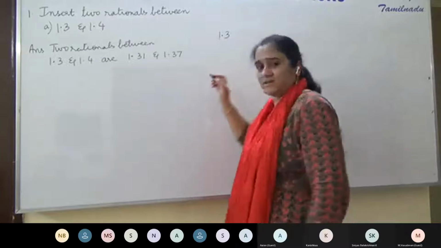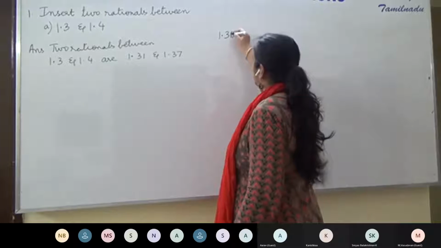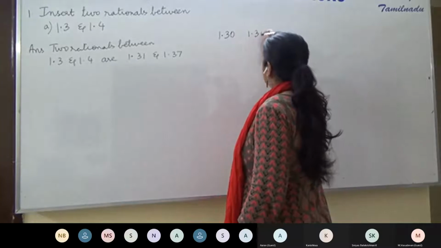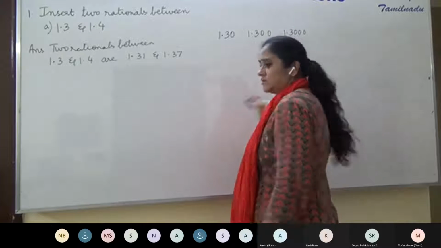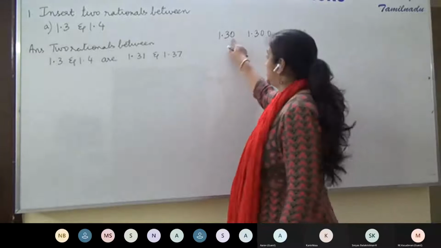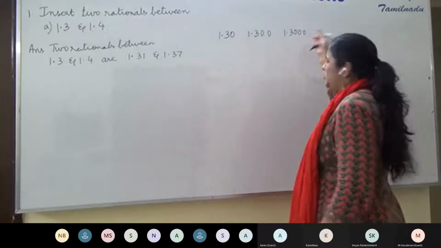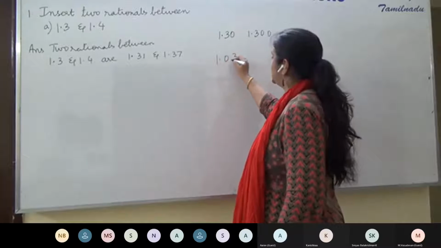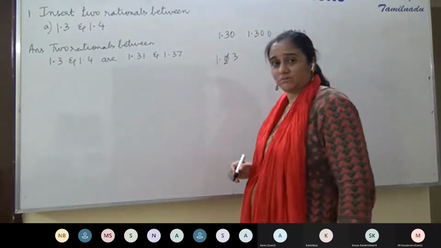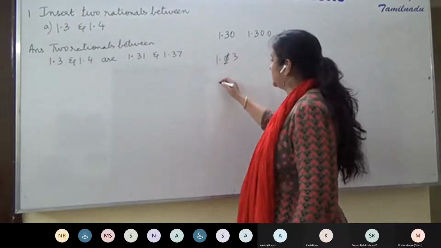Okay, so 1.3 can be treated as 1.30, can be treated as 1.300, can be treated as 1.3000. Correct? These zeros have no meaning. They have no value. But in 1.03, the zero is meaningful. You cannot take out this zero.